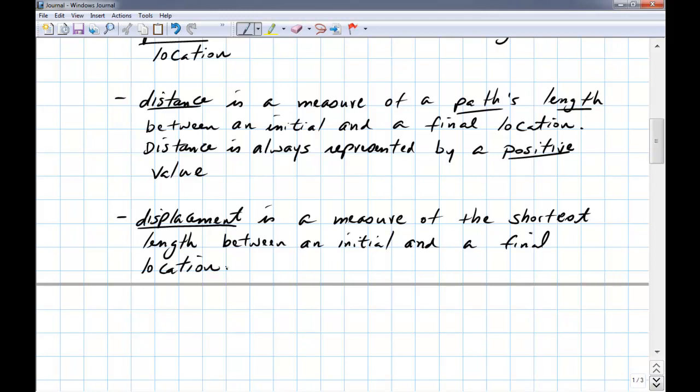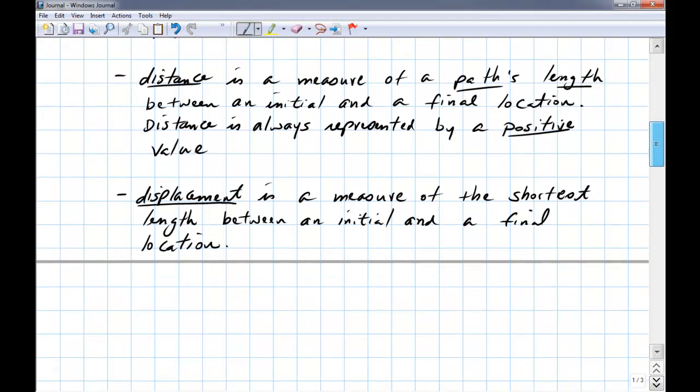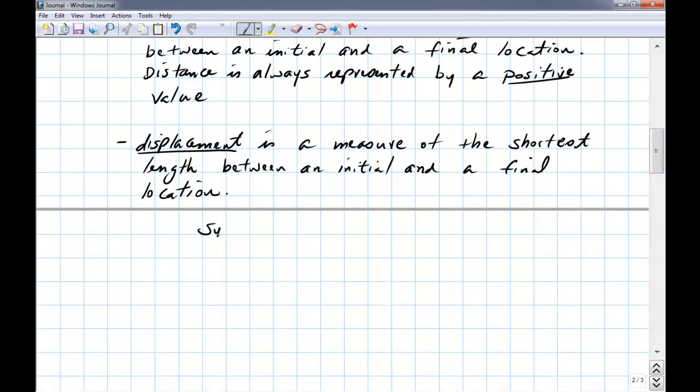Now we have a symbol for displacement. The symbol for displacement is delta x, and in mathematics this triangle known as delta represents a change or a difference in an x value. And delta x just equals x final minus x initial.